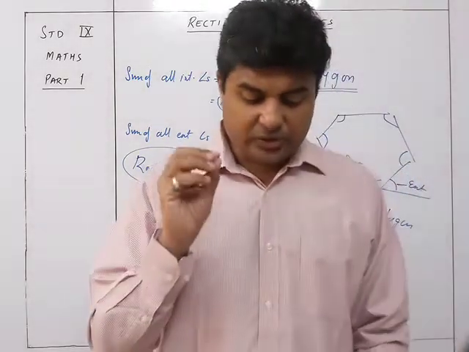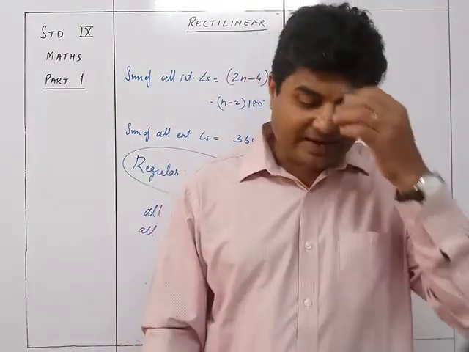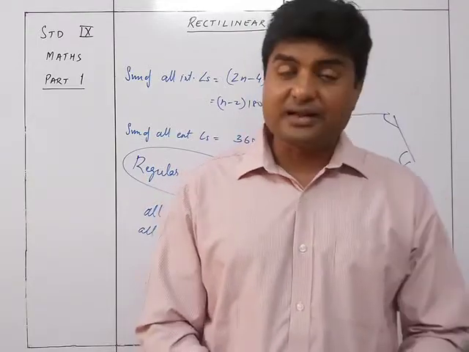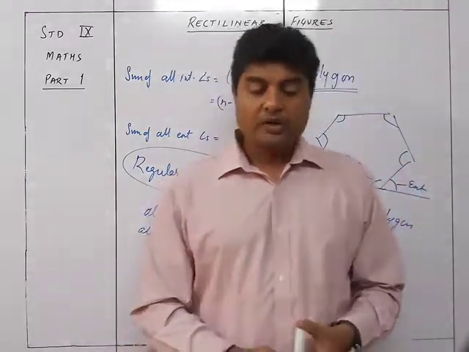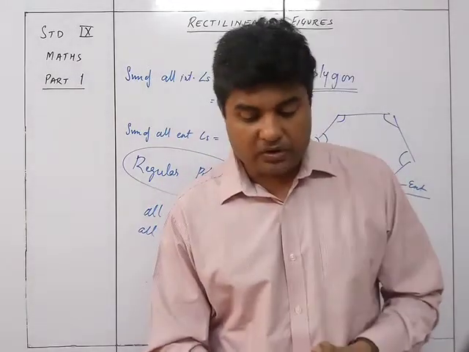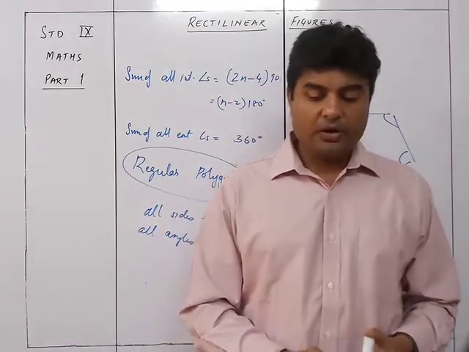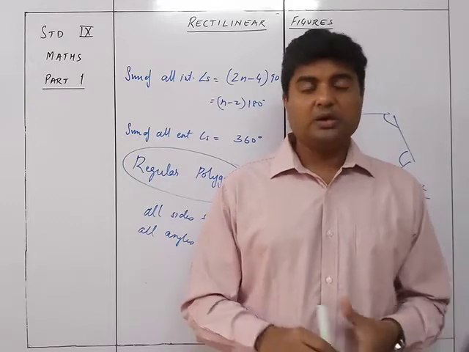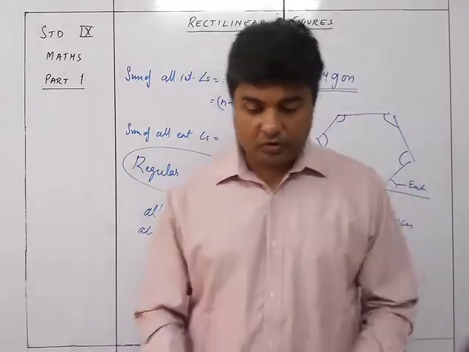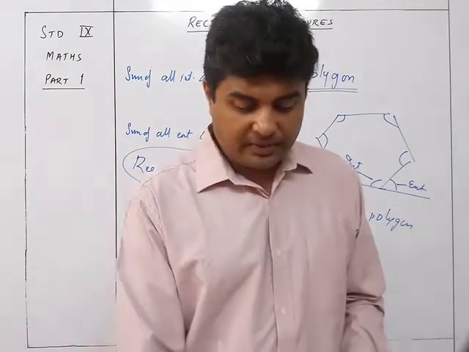So we need to remember that all sides are equal, all interior angles are equal, and obviously all exterior angles are also equal. All regular polygons are convex. Okay, so that is about polygons.